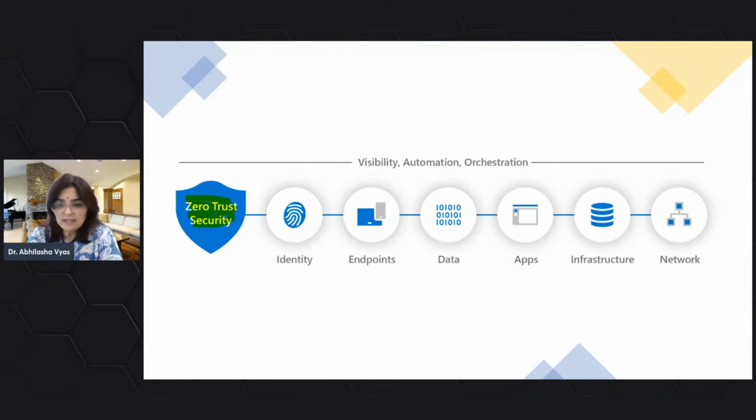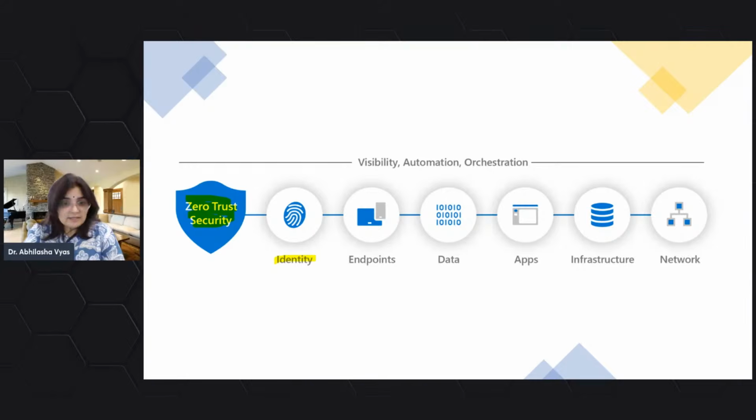If you see in this particular slide, I've mentioned a few technology stacks: identity, endpoints, data, applications, infrastructure, network. For these identities, we need to work on secure identity with zero trust, whether they represent people, services, or IoT devices. All these define a zero trust control plane.